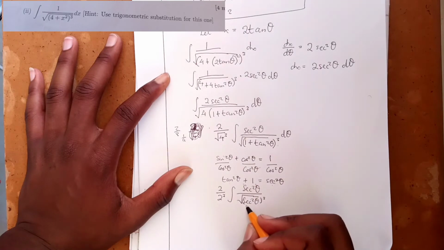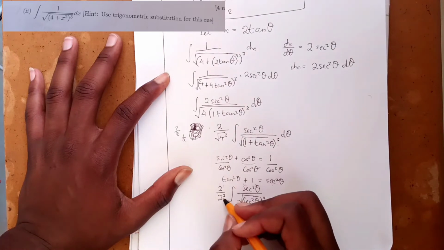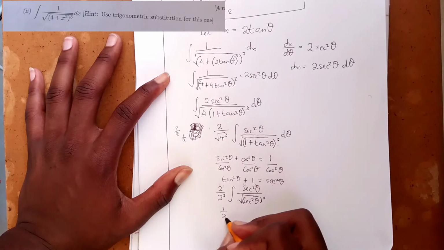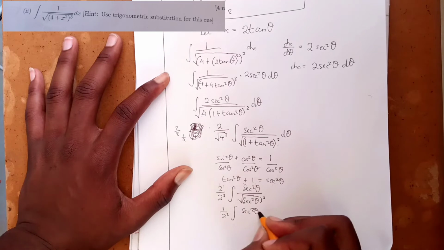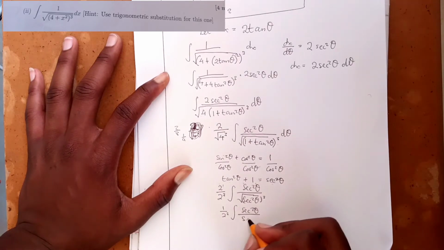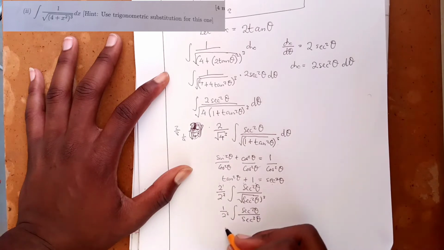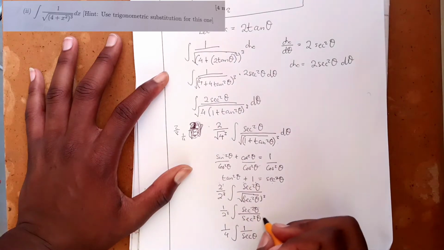So now the square root of sec squared theta is just sec theta, and this one we have got 2 to the power 1 and 2 to the power 3, so you can cancel this one out, so that you can have 2 to the power 2 over the square root of sec squared theta, which will be sec theta. Then when you take it to the power 3, it will be sec cubed theta. Then this one is just simply 1 over 4 times 1 over sec theta, because these ones will cancel and these ones will cancel.